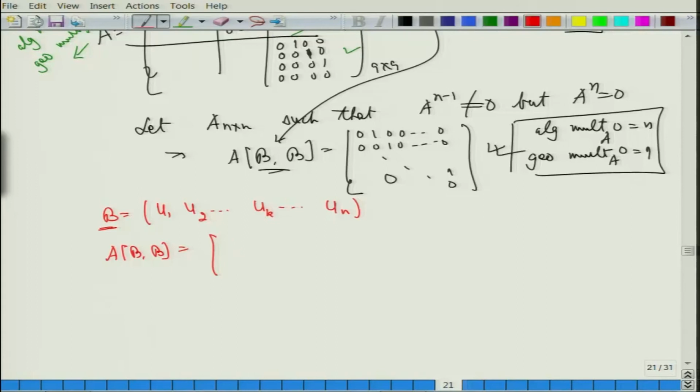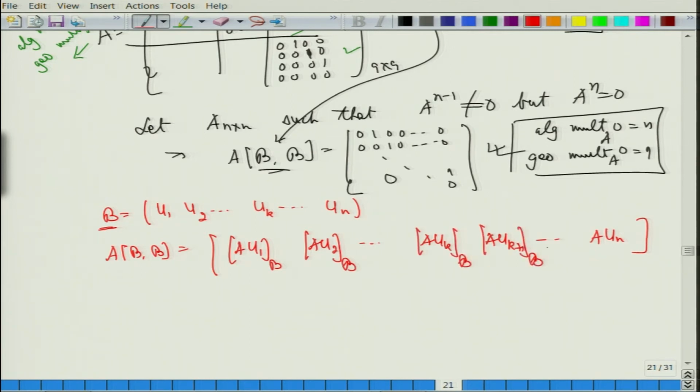So you can just look at A of U1, A of U2, A of UK, A of UK plus 1 till A of UN, fine. But to get the matrix, we need to evaluate with respect to B, we need to find out the coordinates with respect to B. So this is what you need to do.